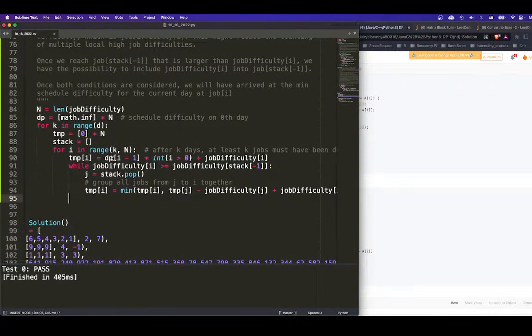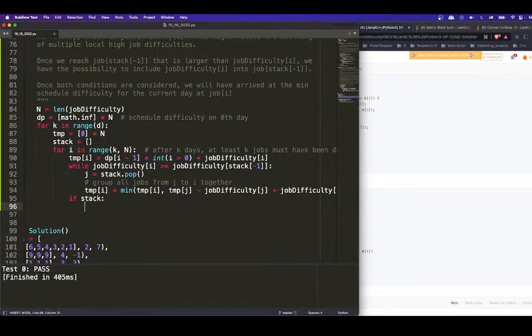Now when we come out, we say if stack, which means there's still something in the stack, and the job at stack[-1] is larger, then we include the ith job with the stack[-1]th job.